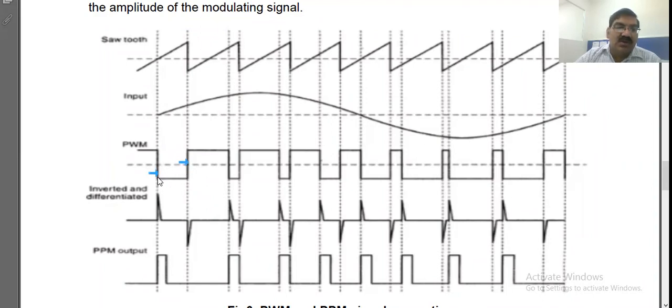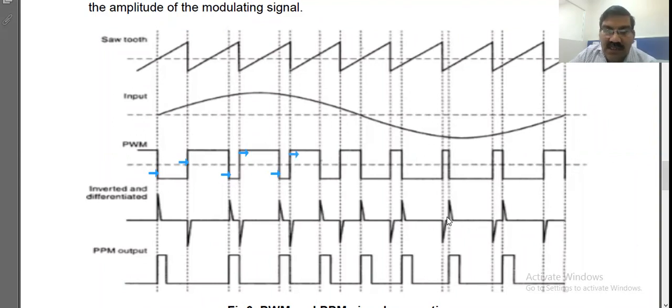When the pulse is going down, the output is positive; when it is going up, the output is negative. So it is an inverted differentiator. Again, going down, the output is positive; going up, the output is negative. This way the inverted differentiator creates a train of pulses.